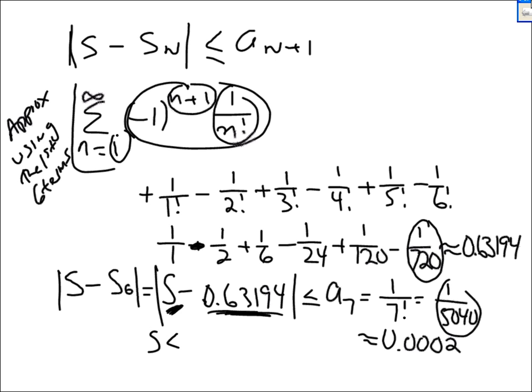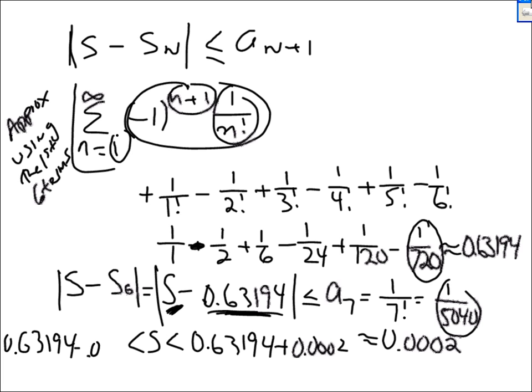The real sum is in between. This is the symbol for in between. It's in between my approximation plus 0.0002 and my approximation minus 0.0002. It's a good approximation.